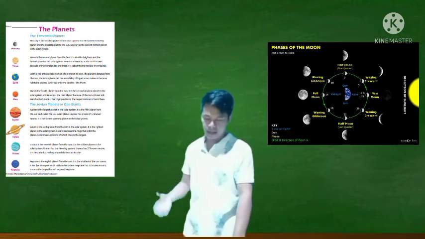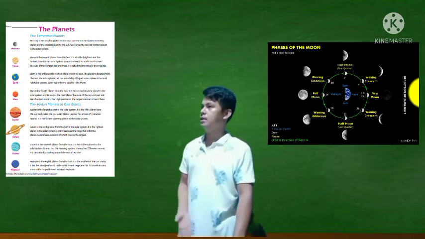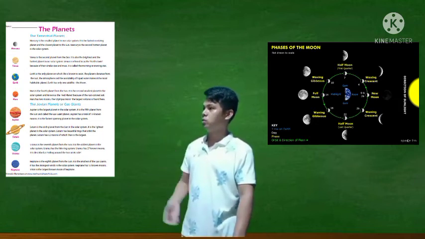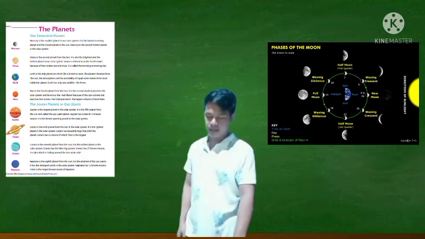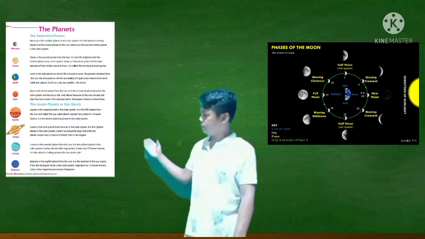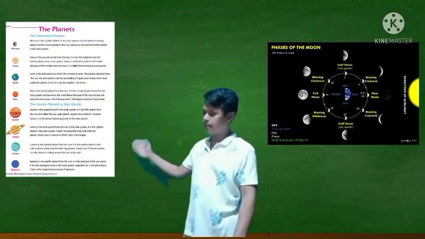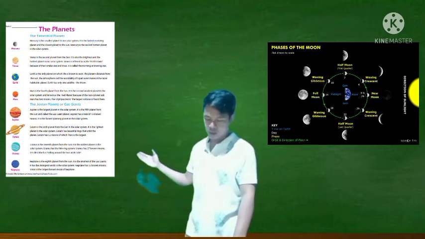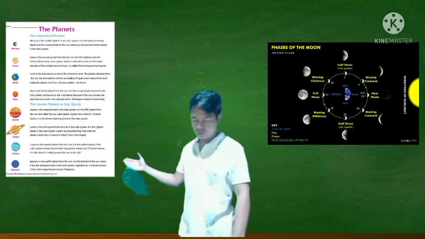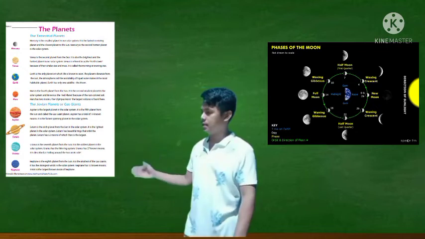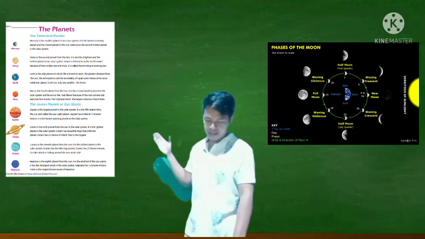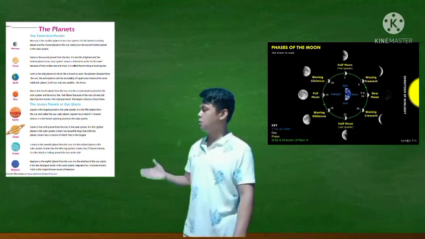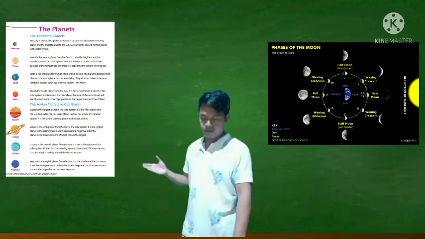And the next one, we have Earth. This is the only planet wherein life is known to exist. And the fourth one, we have Mars, the fourth planet in the solar system. And the fifth one, we have Jupiter, the largest planet in the solar system. And the sixth one, we have Saturn, which is known to be the lightest planet in the solar system, and it has a beautiful ring orbiting around the planet.